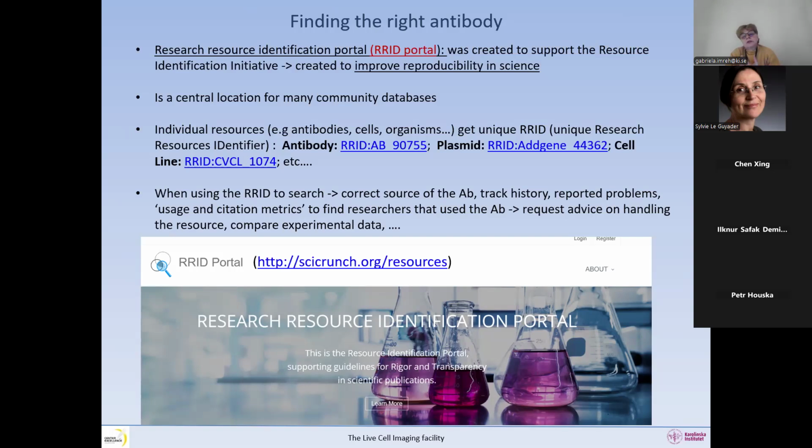You can track the history of the antibody, who is selling it, and who produced it. You'll find information regarding problems with these antibodies. In some cases, you will even be able to contact the researchers who used these antibodies, which will probably help you in troubleshooting your own experiment.